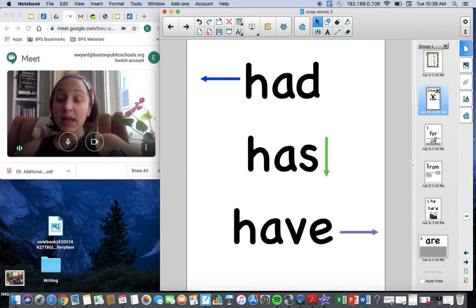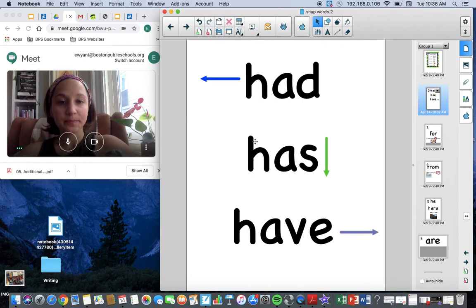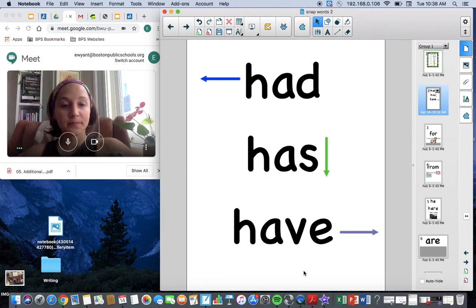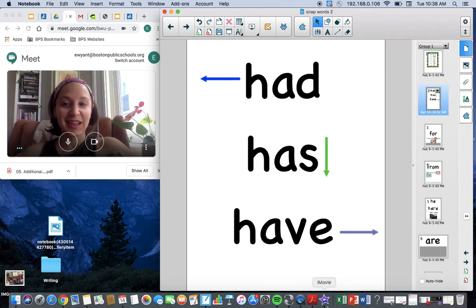Some things that you may have noticed is that all 3 words begin with the letter H. And the second letter in all 3 words is the vowel A. You may have noticed that these 2 words have 3 letters, but this word has 4 letters. And you also may have noticed these arrows.